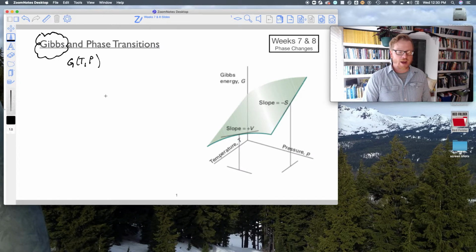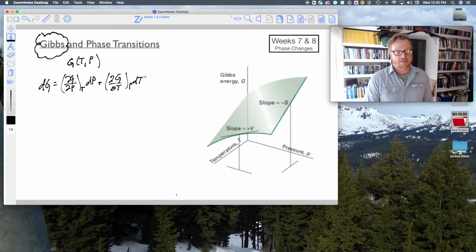Okay? And so if I expand on this, we remember we came up with the equation. Here, let me finish writing this and I'll describe it. So we know that dG is the partial of G with respect to P at constant T times dP plus the partial of G with respect to T at constant P dT.